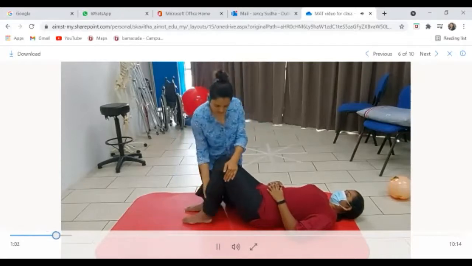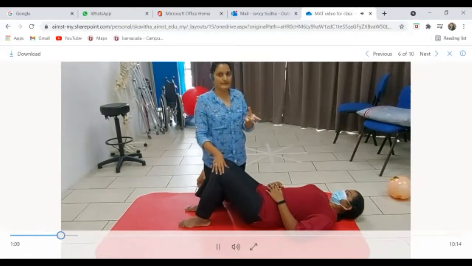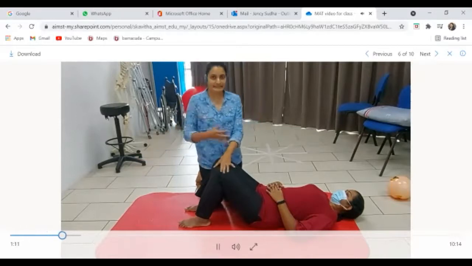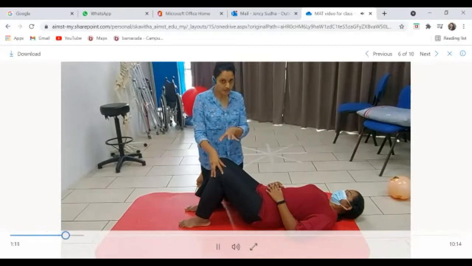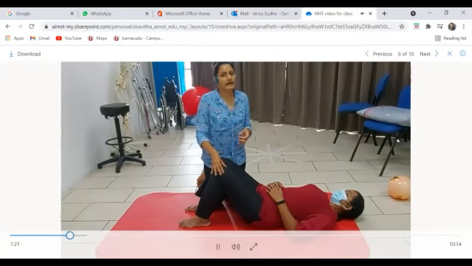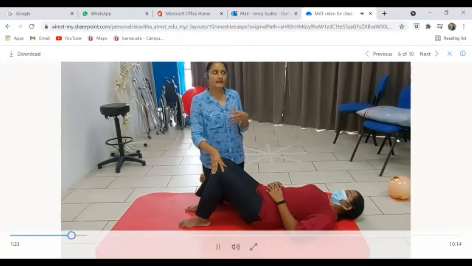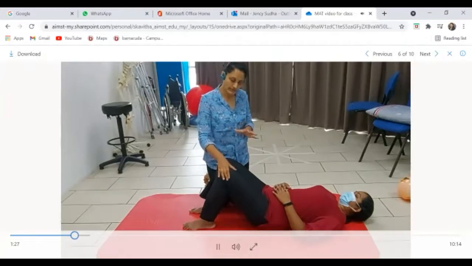Otherwise, if you passively do it, how much is it going to help the patient? You want the patient to do it independently. So you have to keep repeating this activity, bending until they get the hook line position by themselves. If not complete, at least they should be having some 60 to 70% with minimal assistance, bringing themselves into the hook line.